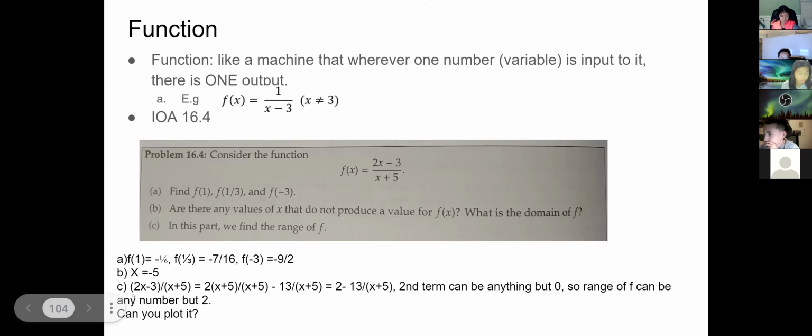Essentially, we want to extract the constant out. So 2x minus 3 over x plus 5, we're just trying to do a practice here. Remember, we want to get 2 out, right? Maybe I'll just put a few more steps here.